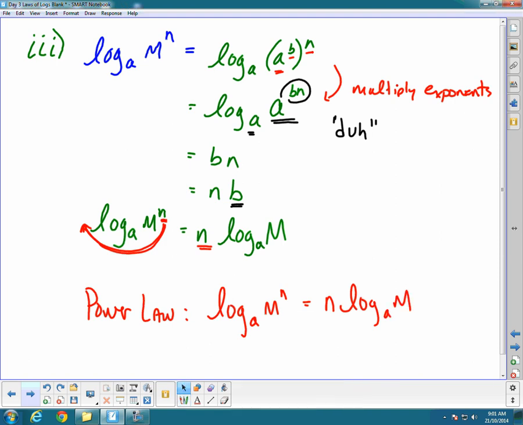Because it's kind of saying you already got half your answer. Remember, logs are asking for exponents. Since you already have part of the exponent, we're going to bring that out front, and then you can just go off and explore the rest of it to try and figure out the rest of it. So probably the most important one, the one that we'll use most often.